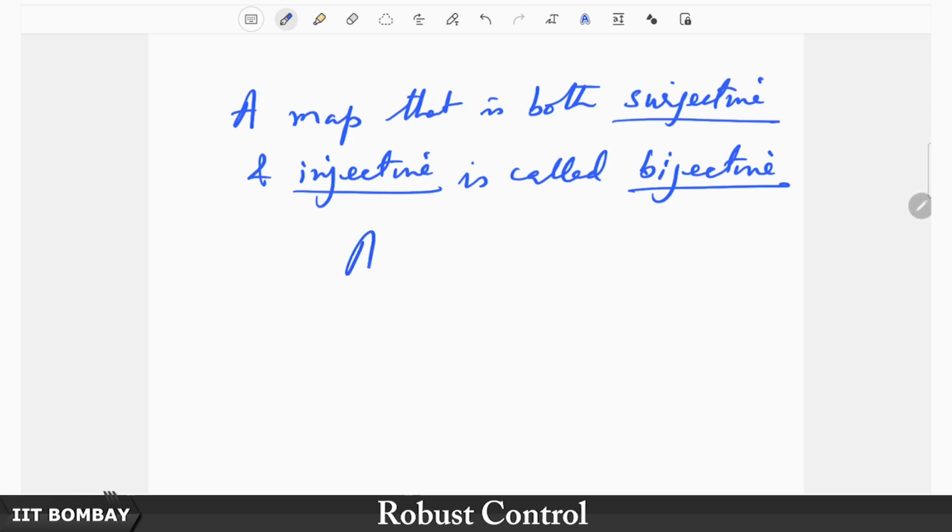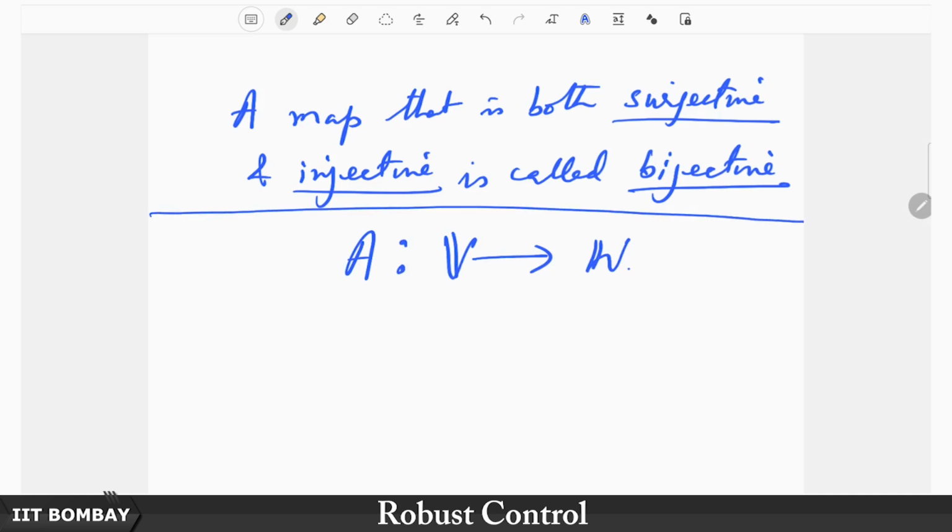Suppose you have a linear mapping A from the vector space V to the vector space W. Unless I mention otherwise, you always assume these to be finite dimensional vector spaces.